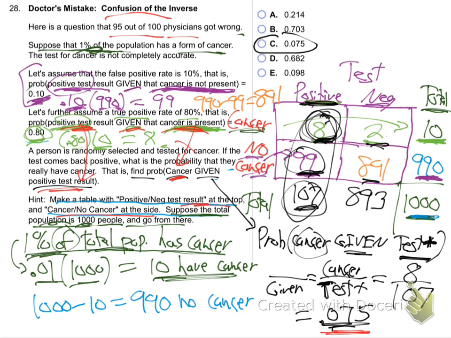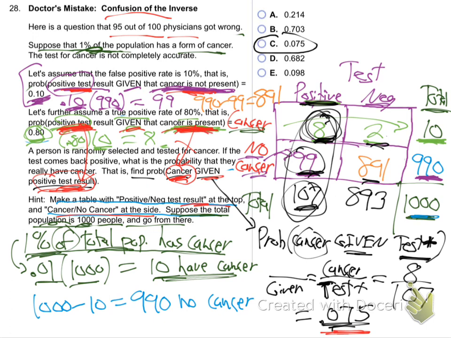The order in which one comes first, cancer, and which one comes after the given, positive. What's the chance you have cancer given the test said you do? That's a very different question from the probability of a positive test given that cancer is present.